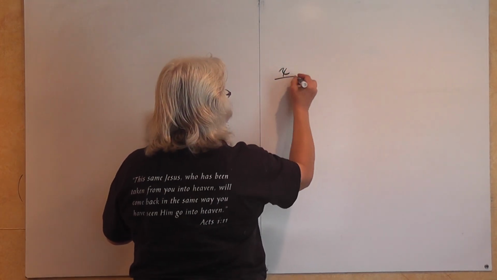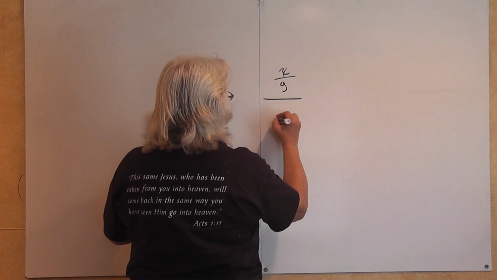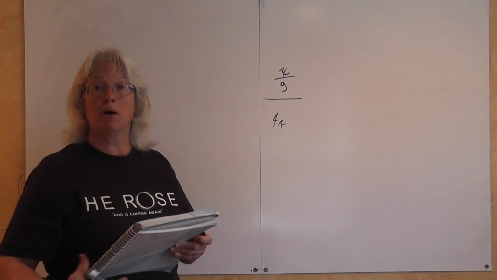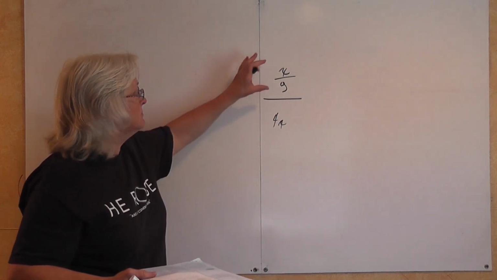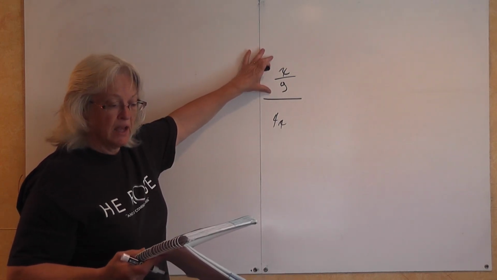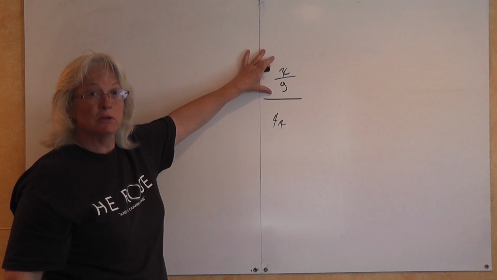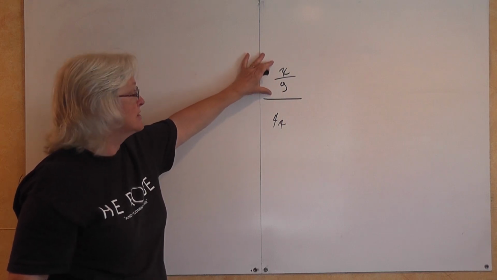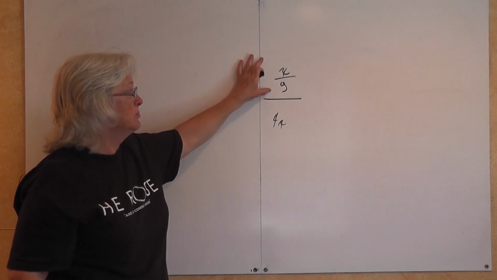If we have x over y divided by 4x, that's an example of a complex rational expression because it has a rational expression in the numerator, something written in the form a over b. Rational expression in the numerator.